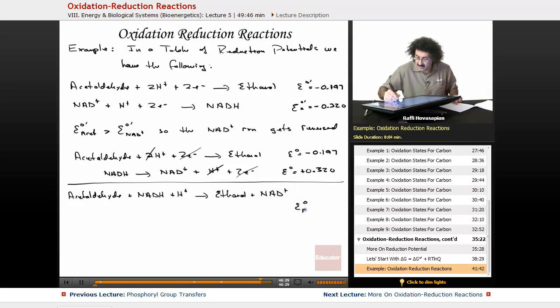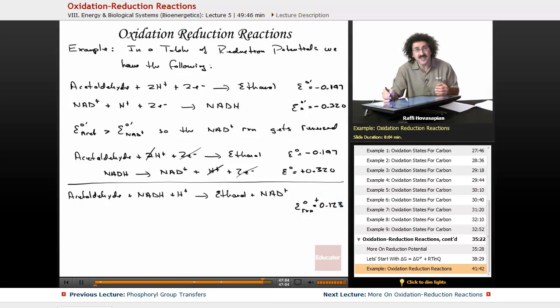The net potential for this, just add these, and what you end up with is positive 0.123. That's all we've done. Aldehyde and ethanol, if you put them together with NAD plus and NADH, spontaneously what's going to happen is the aldehyde will react with the NADH, the aldehyde will reduce to ethanol, the NADH will become oxidized to NAD plus, and this is a measure of the extent to how fast it's going to go.